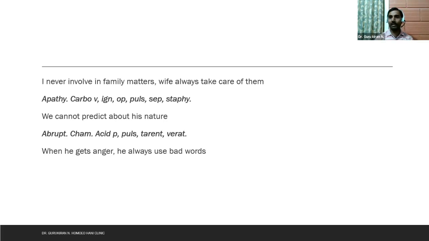He throws things away, or he scolds, he shouts, or he uses abusive language. That is, the rubric is abusive. When there is a striking picture in the case, when the patient or the patient's guardian says, no, sir, when he gets angry, he uses bad words every time, this is his nature. Whatever the complaint, we should convert it into a rubric. That is abusive.